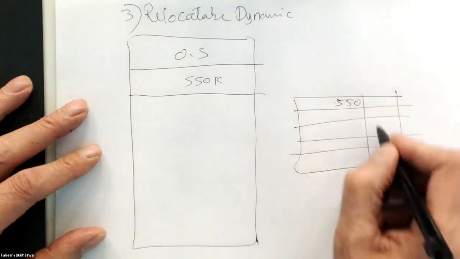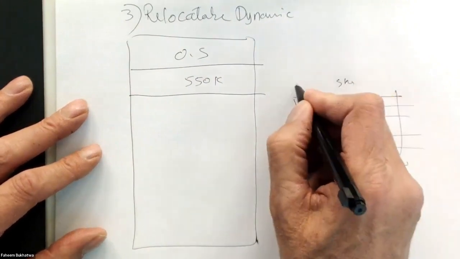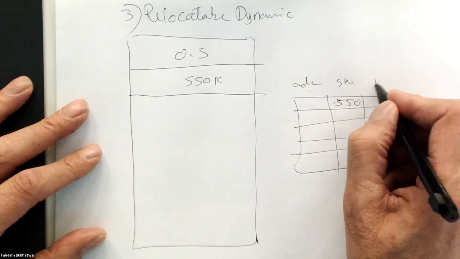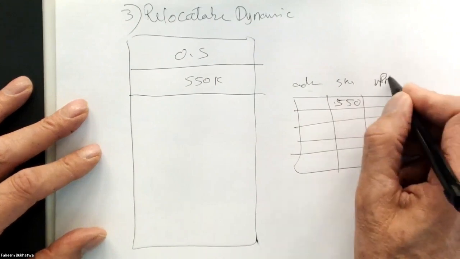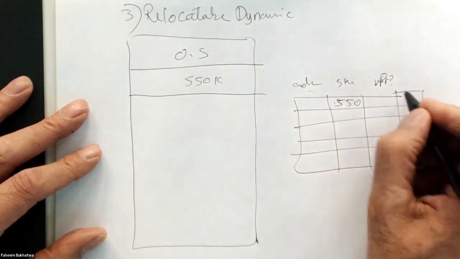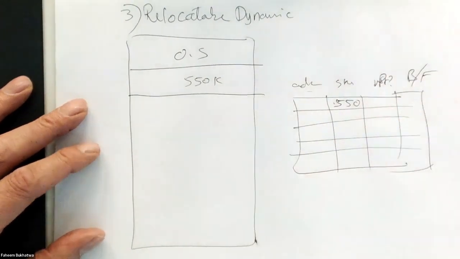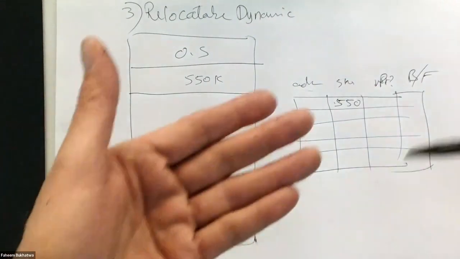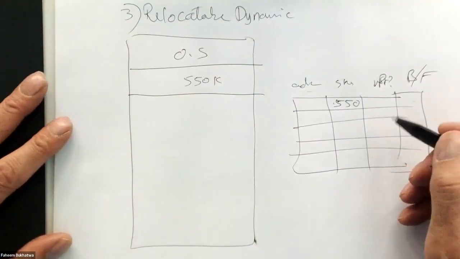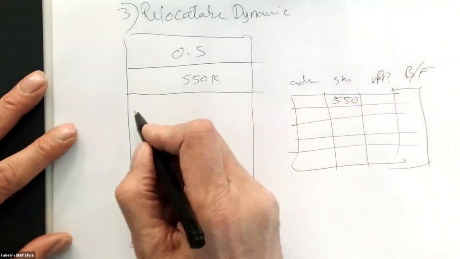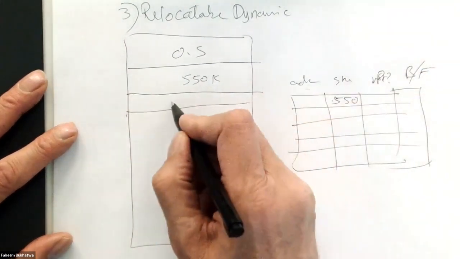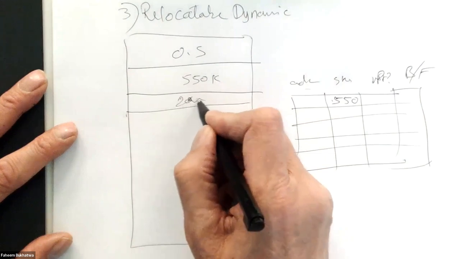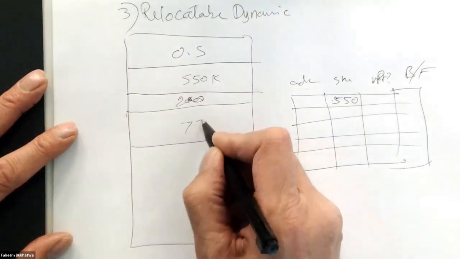And in the table, we need to know the size, the address, which process is there, and whether it's busy or free. In fact, the dynamic partitioning keeps two tables, one just for the free blocks and one for the busy blocks, but it doesn't matter for now. Every time there's a request, we allocate, let's say this is 200K, this is 750, and so on.